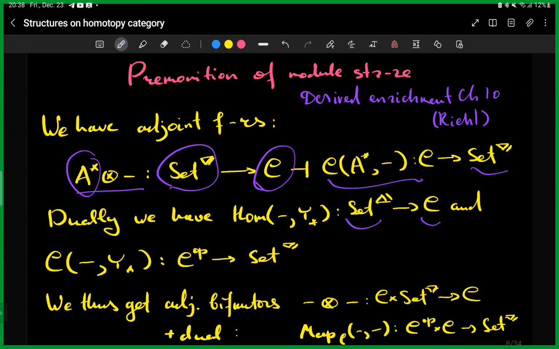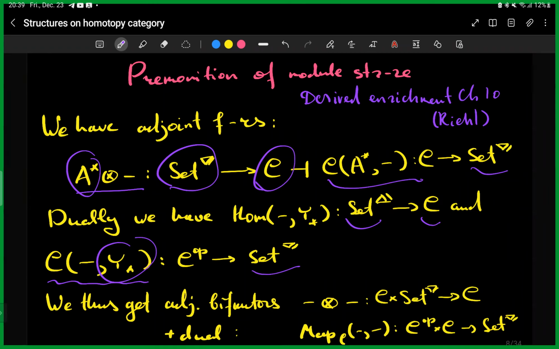So yes, that's right. If we have a category of simplicial objects that's co-tensored over simplicial sets, it means that we can define this hom object, which lives in our category C. And similarly, we can define an object which goes from the opposite category of C into simplicial sets, just by the usual construction. If we map from an object in category C into the simplicial object, we get a simplicial set.